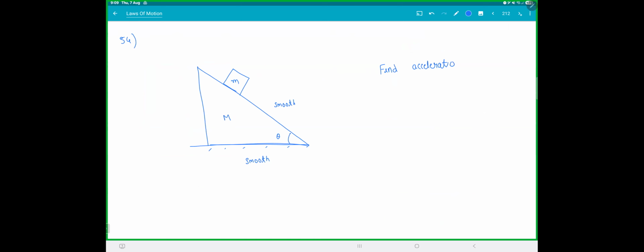Till now, the wedge used to be fixed. Now the wedge also will start moving. You can do this in the ground frame. You can do this in the non-inertial frame. Doesn't matter. Let's try to do it with pseudo force and see. Let's get this. It's a good one. Find the acceleration of the block and the wedge.